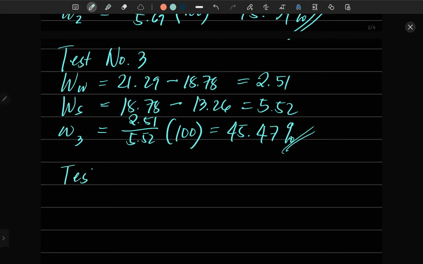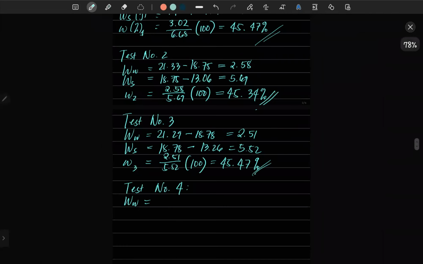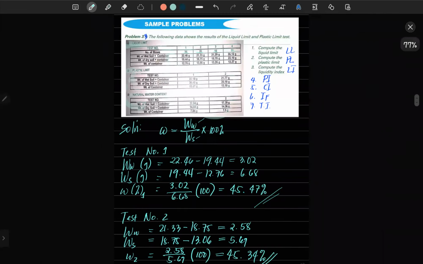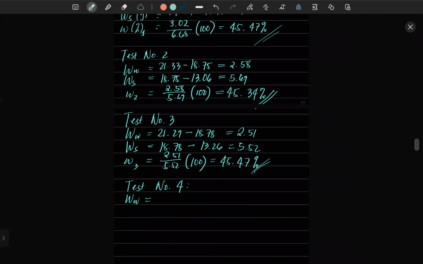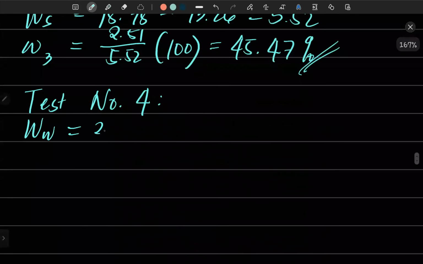For test number 4, we have the weight of the water. Let's take a look: 26.12 minus 22.10. This is equal to 4.02.